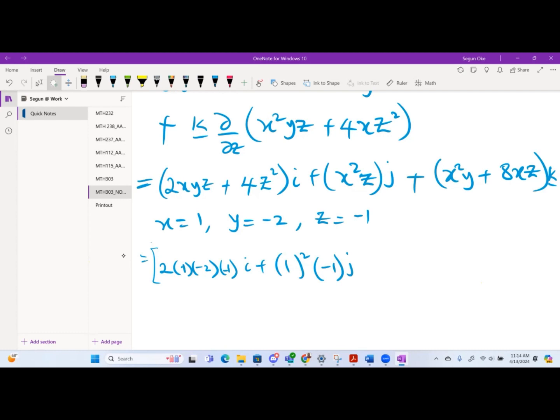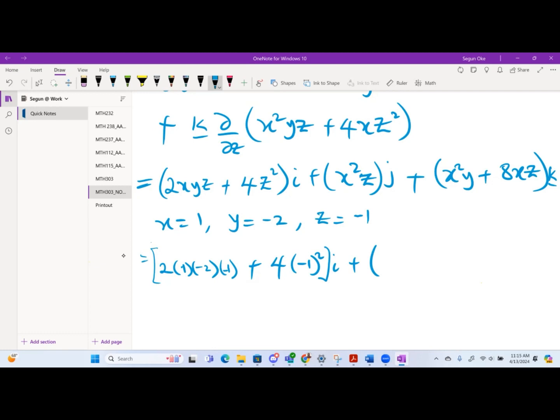So sorry, we've not finished this one first. Remember, this is plus 4 times -1 squared. Everything is i. So plus, let's look at the j.